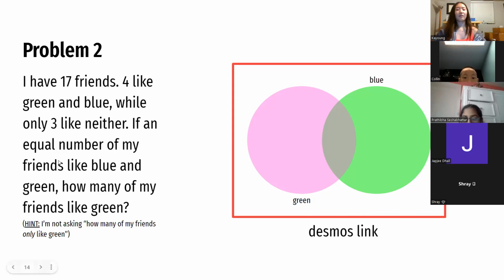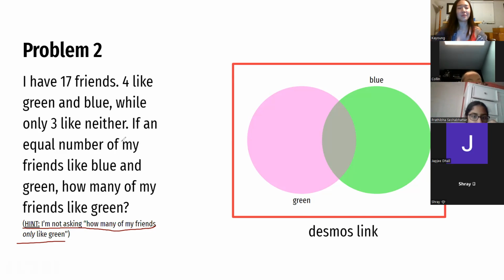And our friendly hint here says, I'm not asking how many of my friends only like green. They can like green and blue. So somebody think about it, fill this out in your head mentally, or get a piece of paper and draw the little Venn diagram.